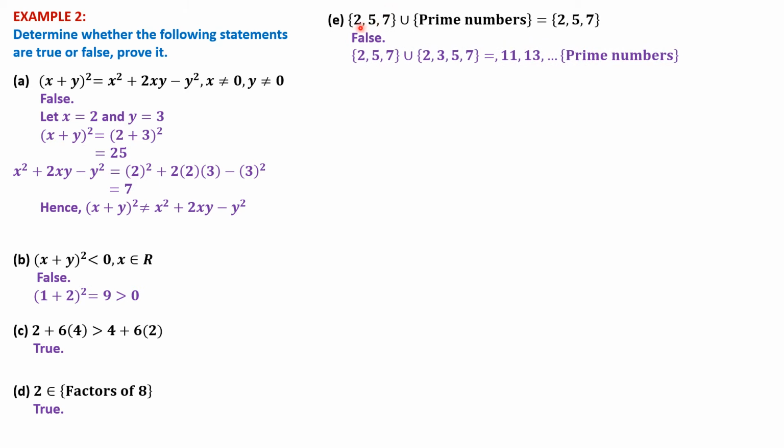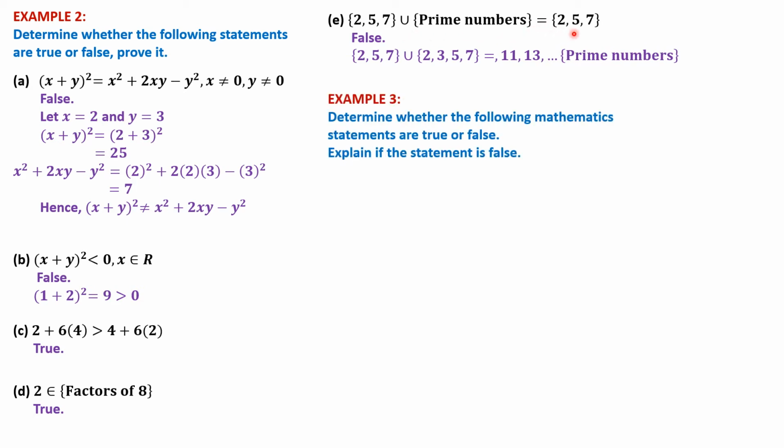Now we look at E. The set 2, 5, and 7 is the union of prime numbers and equal to 2, 5, and 7.